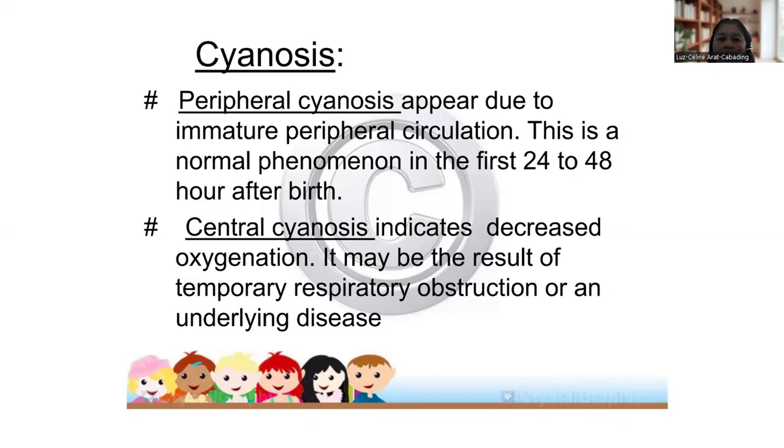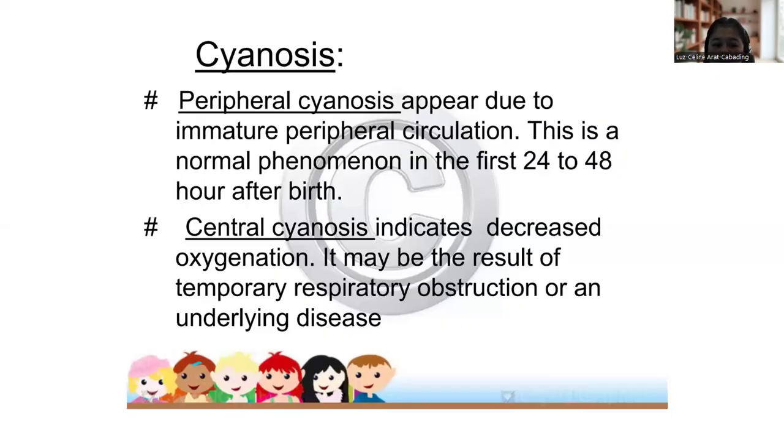Remember, the baby just started breathing, so the body is prioritizing the central organs, the head, the chest, the central part of the body. So the peripheries are usually not right away provided with good circulation, and so they can appear cyanotic.